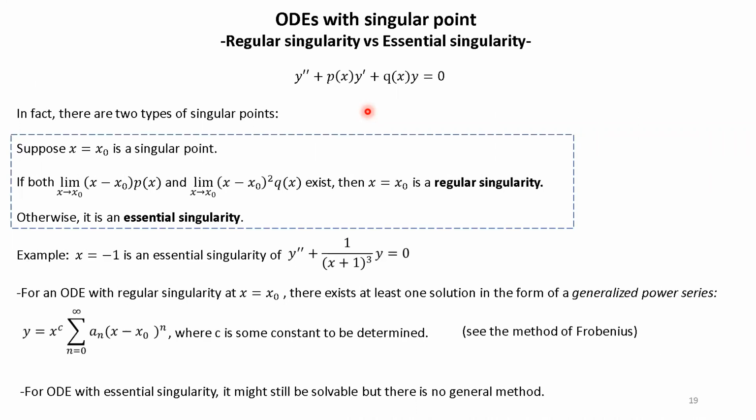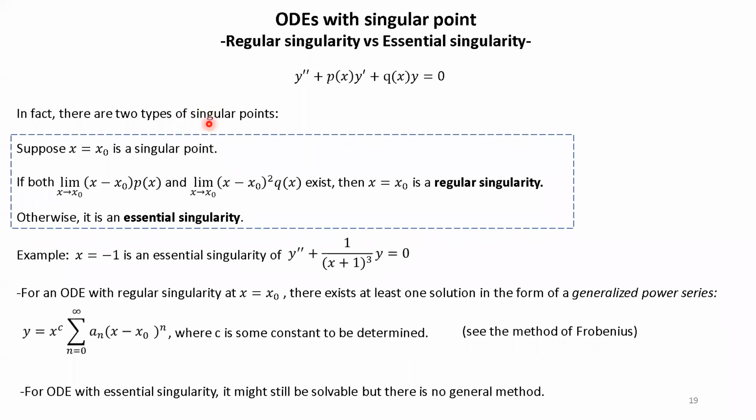Now there are just some more details. For these topics of singular points, I won't go very deep into it, but at least I want you to see that sometimes a singular point can appear and it will just stop you from solving it. In fact, there are two types of singular point.